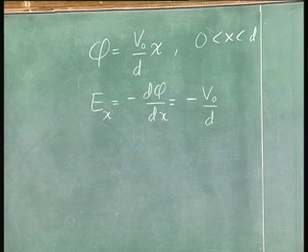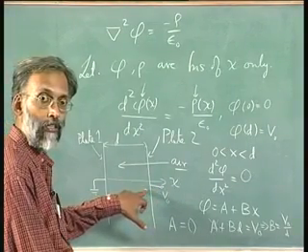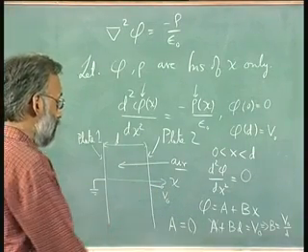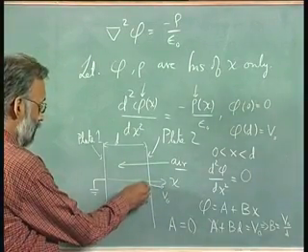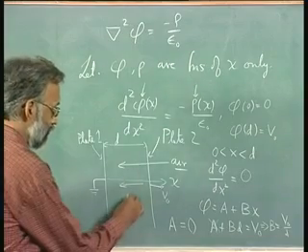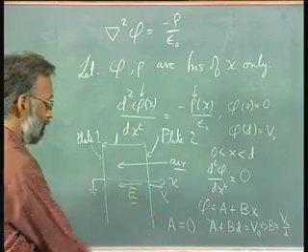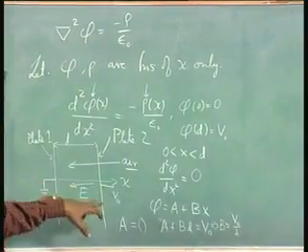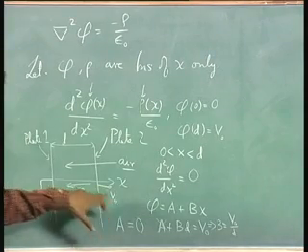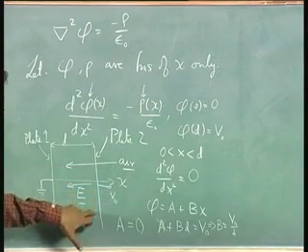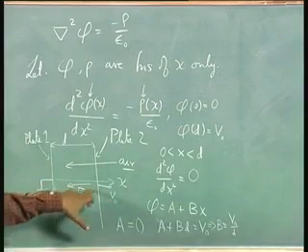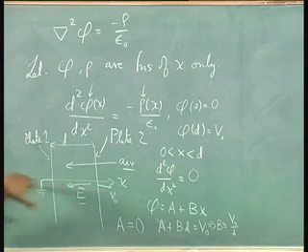So, if I have a second plate at voltage V naught, first plate grounded, the electric field is in this direction. It is negative, because for a positive voltage here, positive charge will come here, negative charge will come here, and so the electric field is towards the first plate.